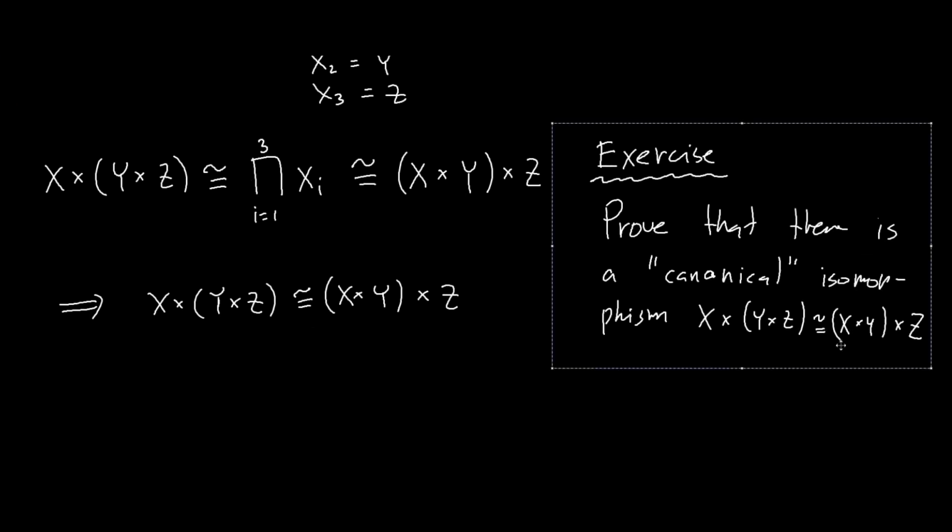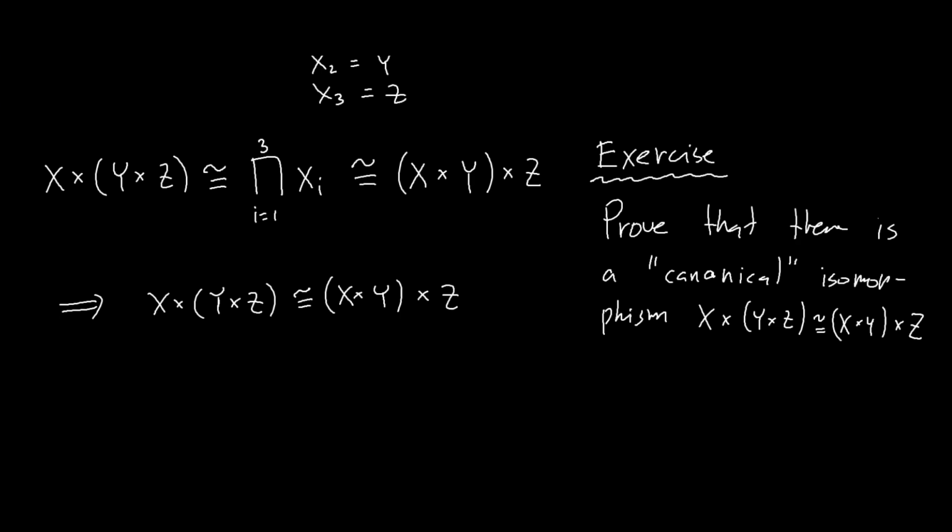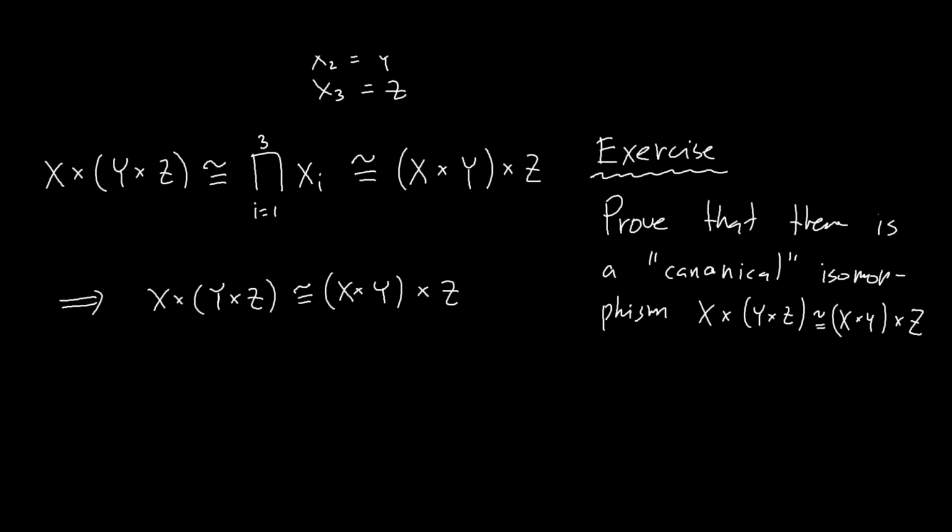Now, once we establish this for product, because the notion of product is dual to the notion of sum, in the sense that we can get the other notion by reversing the direction of arrows, the proof that works for associativity of product, the same proof with reversed direction of arrows will work for associativity of sum.